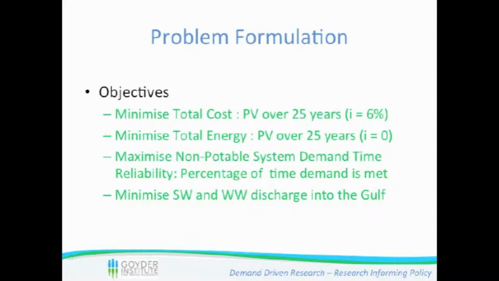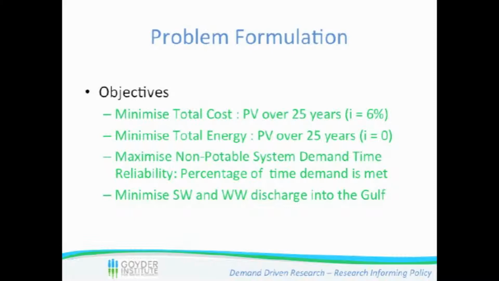The third one was the reliability of the non-potable system, percentage of time that the non-potable system met demand. And the final one was a measure of environmental impact on the Gulf, which we didn't have a lot of detail on, but we looked at the total discharge of stormwater and wastewater to the Gulf as a surrogate for environmental impact on the Gulf.